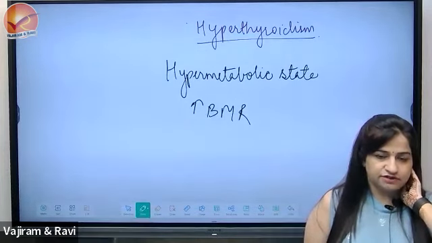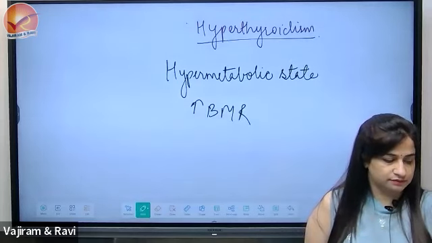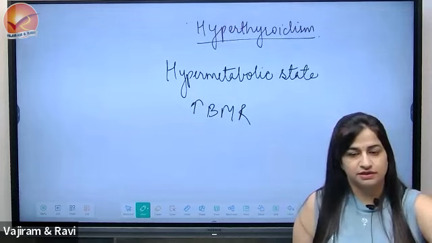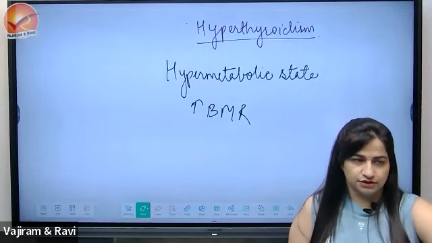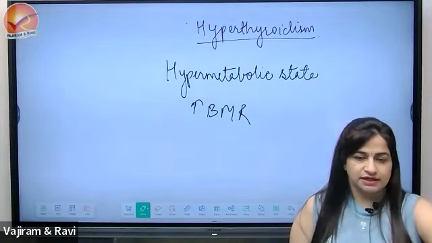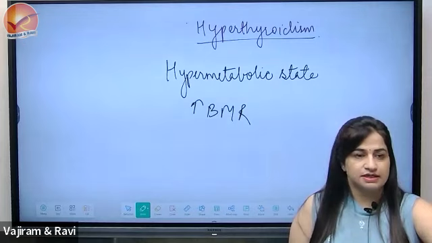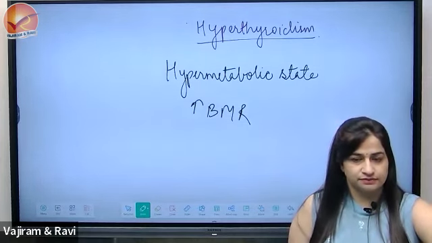Skin is relatively softer, warm, and flushed due to vasodilatation. Second, there is heat intolerance, in increased BMR only. Second is heat intolerance and increase in sweating.